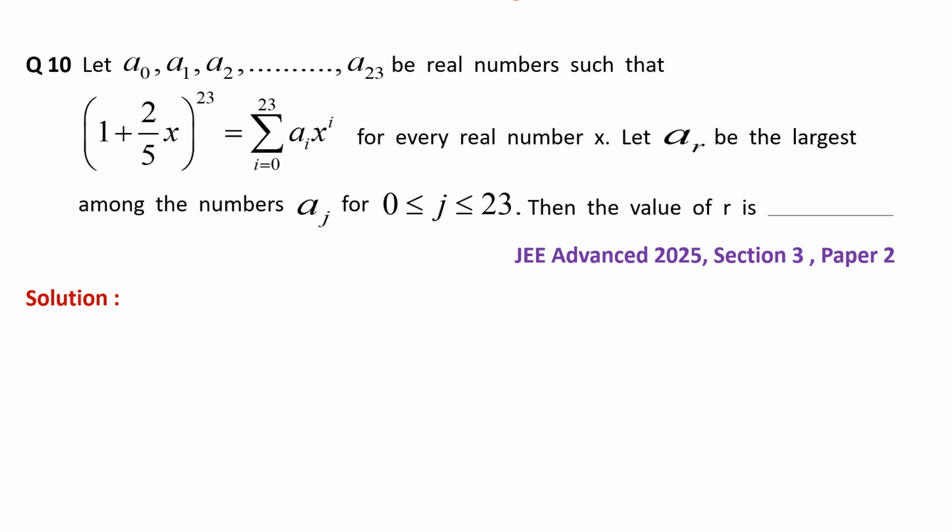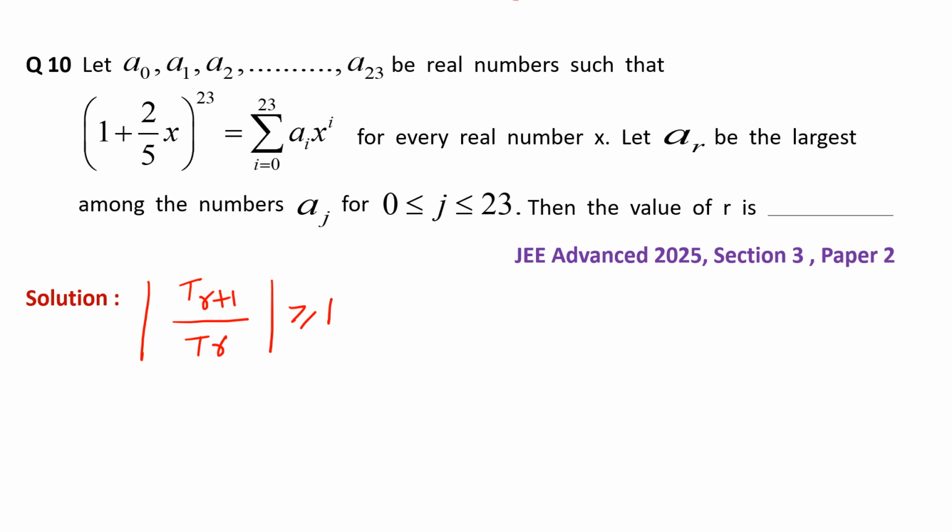Now students, to solve this problem, I will use the concept of numerically greatest term. And we know that to find the numerically greatest term, we put mod of tr plus 1 upon tr greater than or equal to 1, where tr plus 1 represents the r plus 1th term of the binomial expansion and tr represents the rth term.